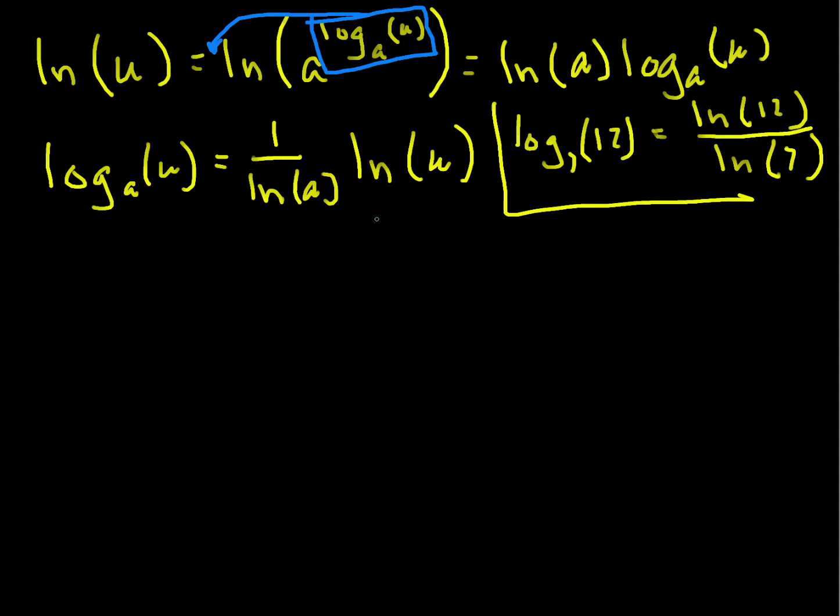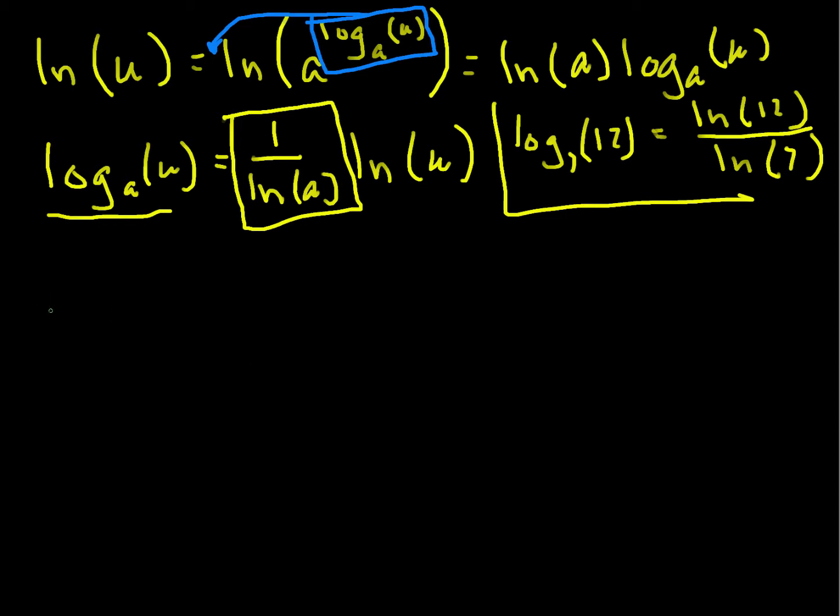All right, back to the problem. We've got log base a of u equal to 1 over natural log of a times ln of u. If I want to know the derivative of this, remember that 1 over natural log of a is a constant: a is our base, a number, so the natural log of a is a real number. So now the derivative is related to the derivative of ln.